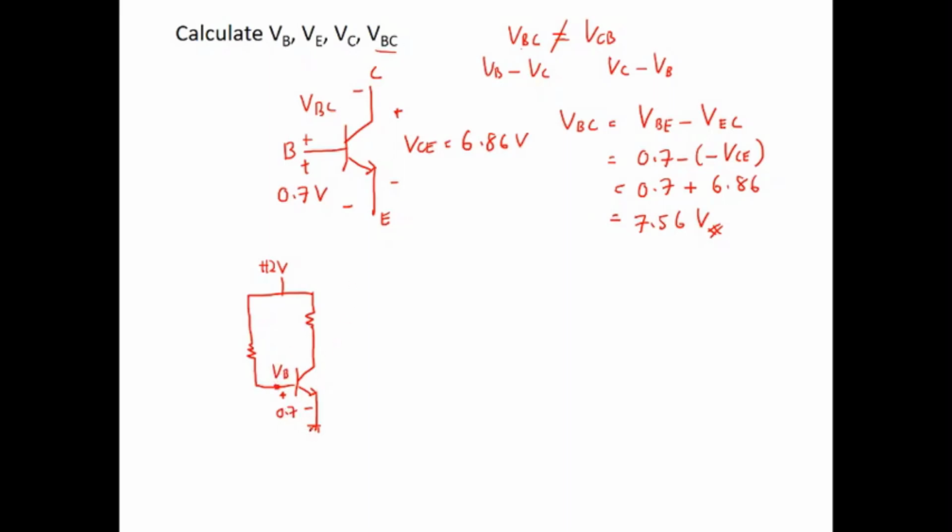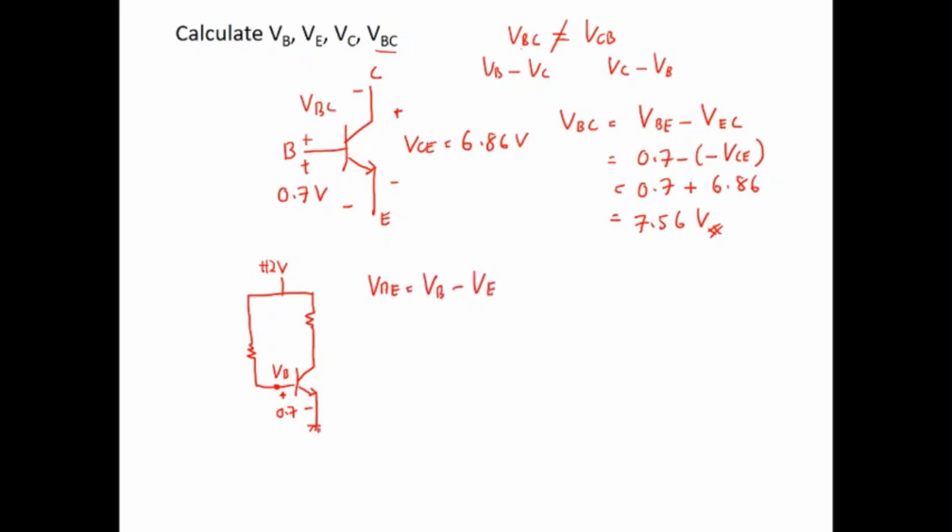Since E is ground, you know that VBE is equal to VB minus VE.